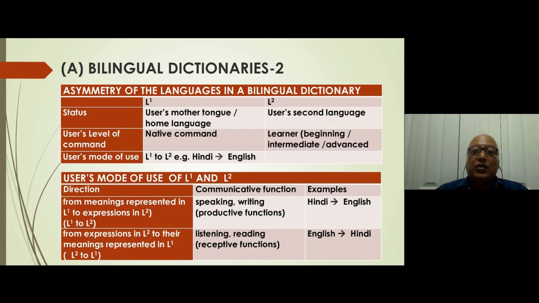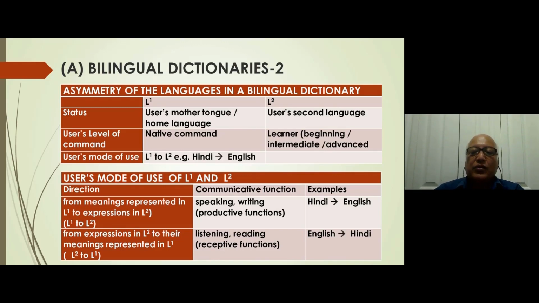And users' mode of use of L1 and L2 is also something where there's a difference in the status of the languages. In fact, there is a column which is redundant in the first table. We'll just ignore that and move on to the next.